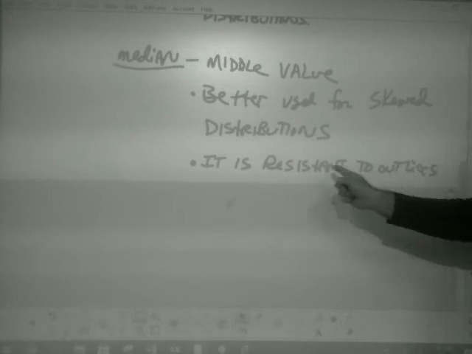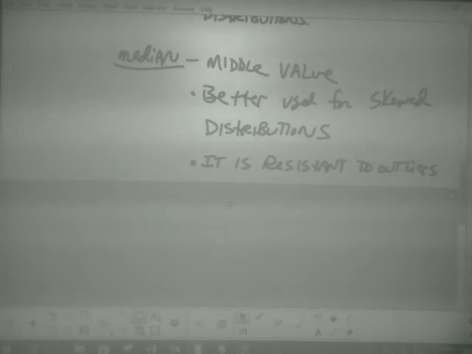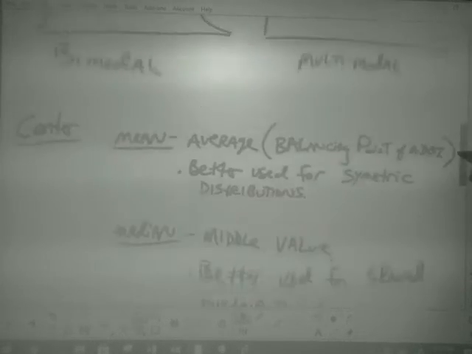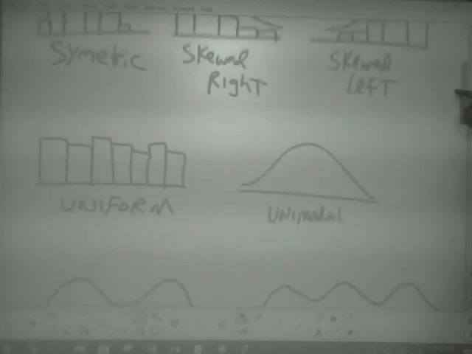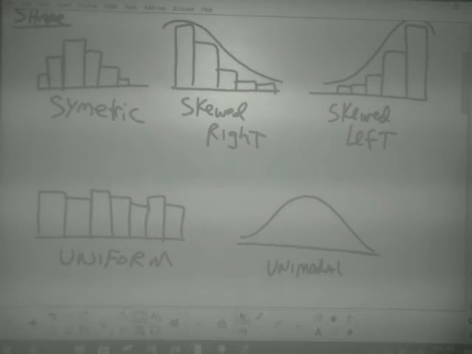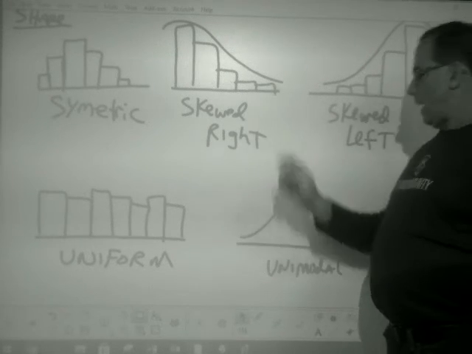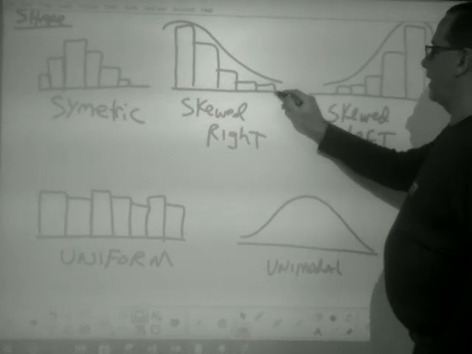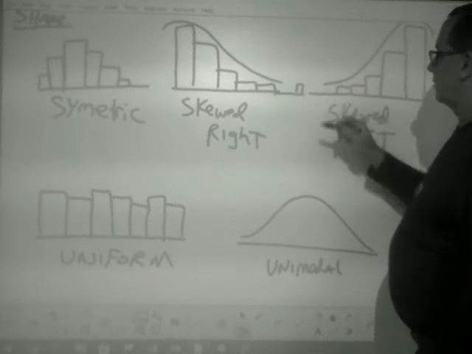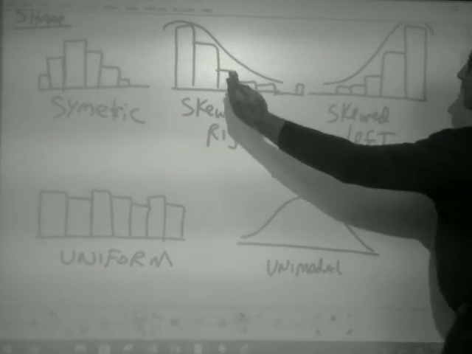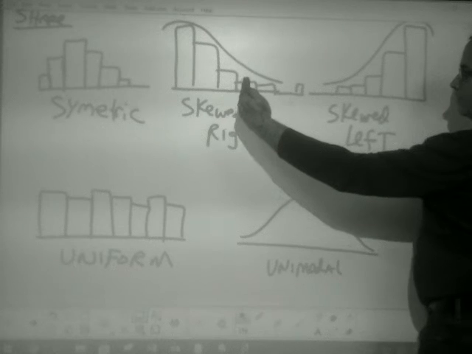The median is resistant to outliers, though, and that's important to know. What do I mean by that? Let's come back up here to our skewed distribution. We have an average. If I were to put another piece of data way out here, it is going to drag the average out towards it.